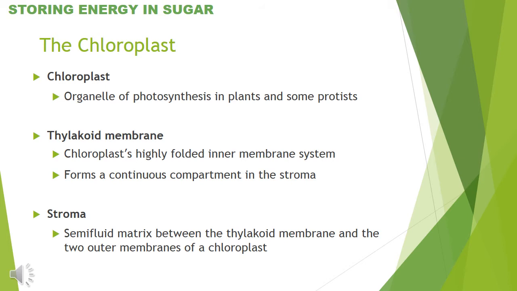And then the other byproduct is oxygen from photosynthesis. So this whole process happens inside the chloroplast. The chloroplasts are the organelles inside the cells of a plant leaf. Okay, so the chloroplast is the organelle of photosynthesis in plants and some protists.